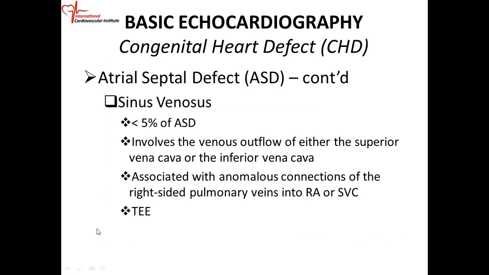Your sinus venosus defect, again, is associated with anomalous connection of your right-sided pulmonary veins. So the pulmonary veins usually drain into the right atrium or the superior vena cava. So you remember, sinus venosus type defects are commonly associated with anomalous pulmonary venous drainage. It's very important.